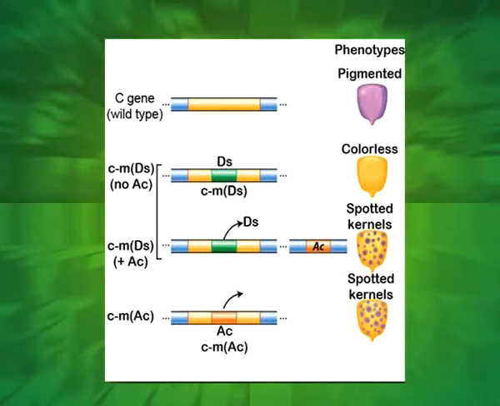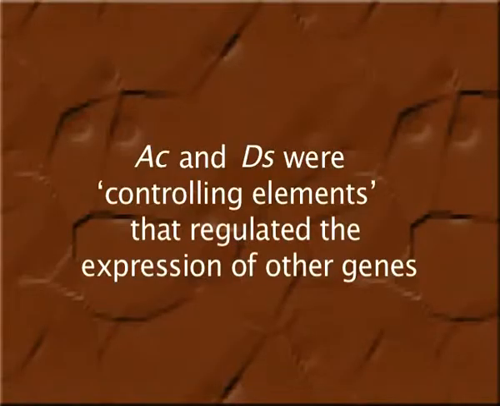The change in position of the DS element correlated with the expression of the C gene and resulted in variegation of the kernel color. Based on her observations, McClintock proposed that the AC and DS were controlling elements that regulated the expression of other genes.